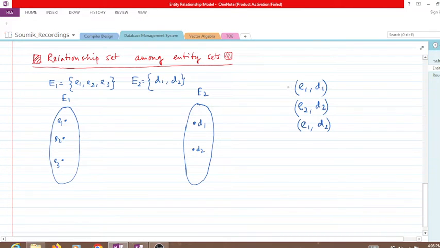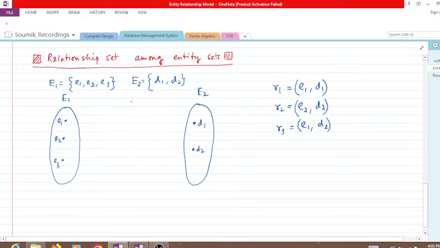So let us denote the first association of entity E1 and D1 by R1, this one by R2 and this by R3.